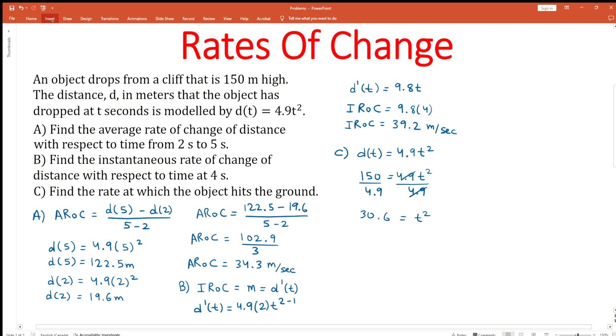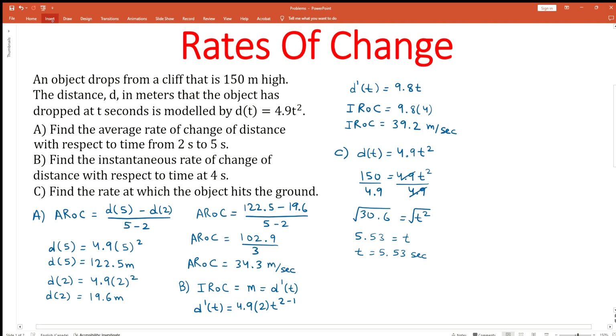Next, we should apply the square root to both sides. The square root of 30.6 is equal to 5.53. I get t equals 5.53 and the unit is seconds. So it takes the object 5.53 seconds to reach the ground.